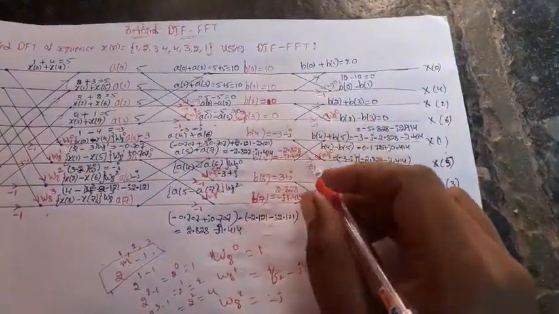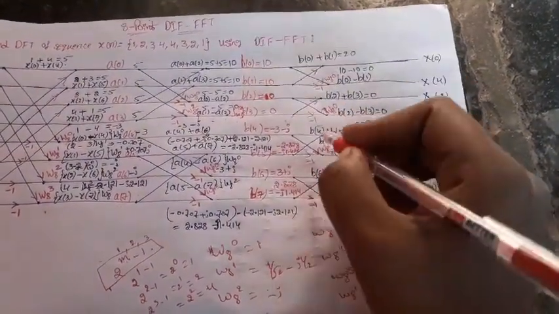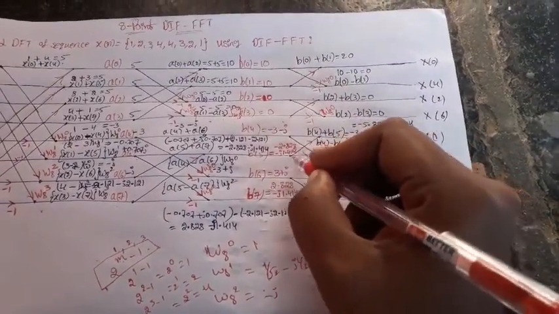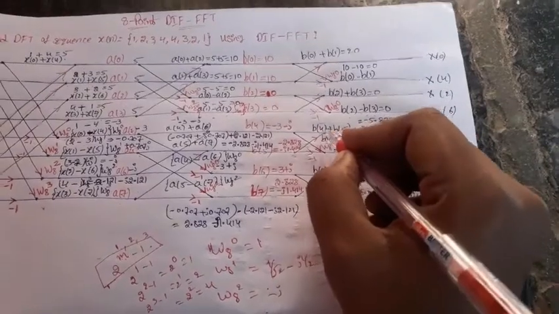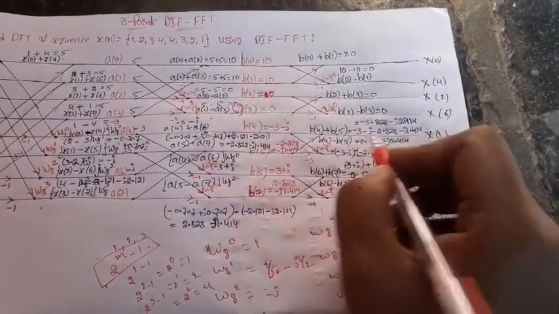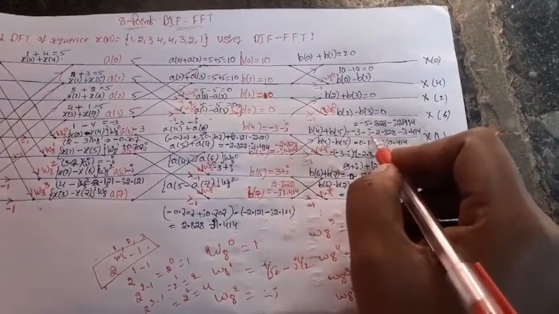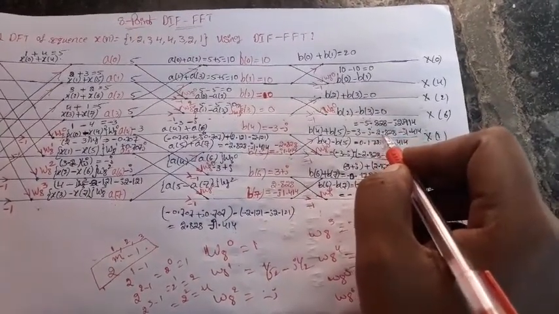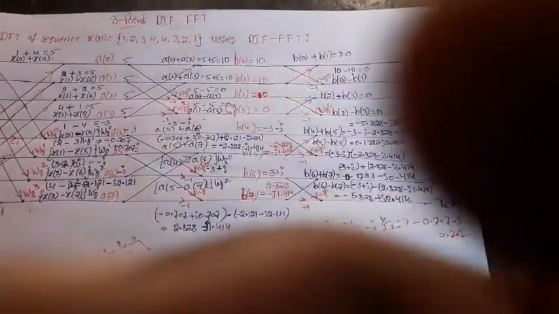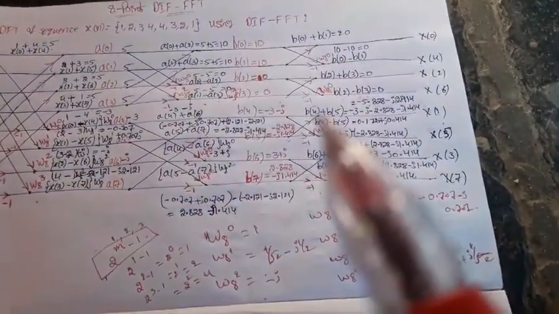Next, see here, this direction, b of 4 plus b of 5. The b of 4 value is minus 3 minus j, and here minus 2.828 minus j 1.414.